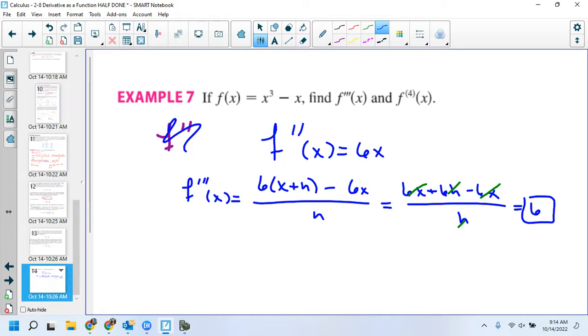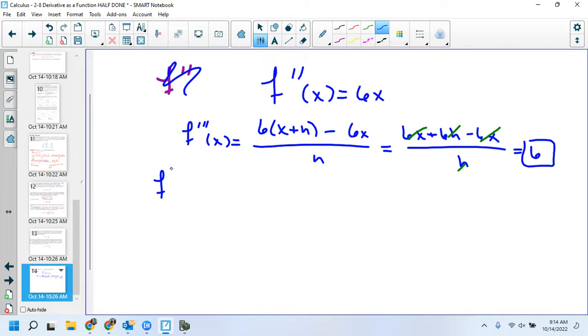What would the next one be? Well, let's talk about the quadruple derivative, which has this notation. Now, if I go to plug in x plus h of just 6, it would be f of x plus h minus f of x all over h.